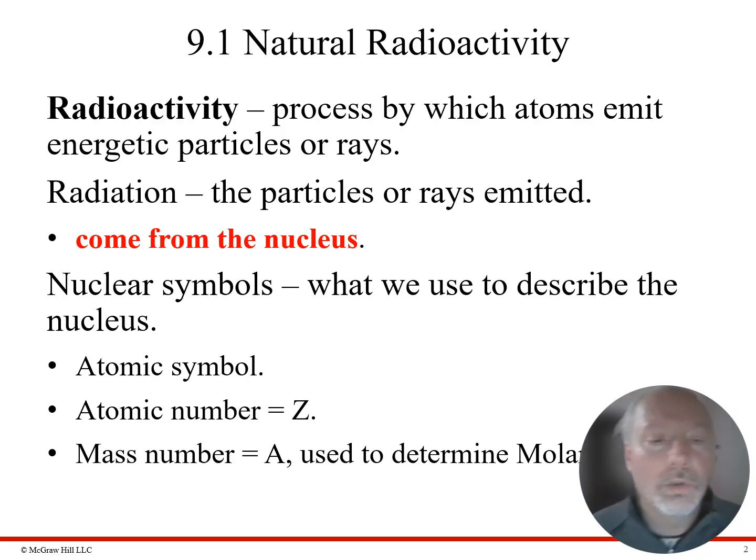Atomic number equals Z, which will be the number of protons, right? So the number of protons equals Z. How are the elements arranged? By the number of protons, not their mass, but by the number of protons they have in their nucleus. Okay, so Z equals protons. The mass number, which equals A, is the protons plus the neutrons.